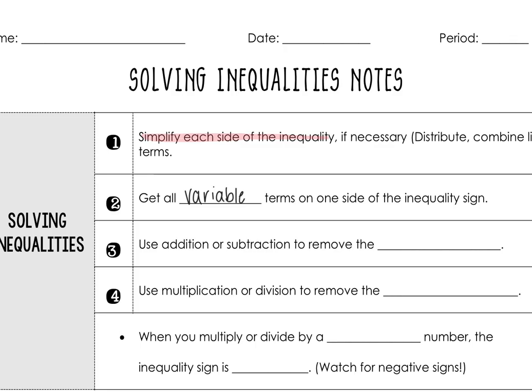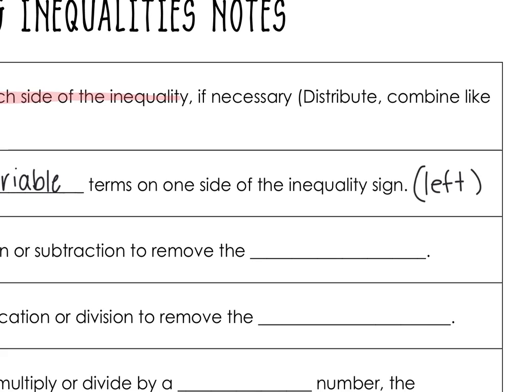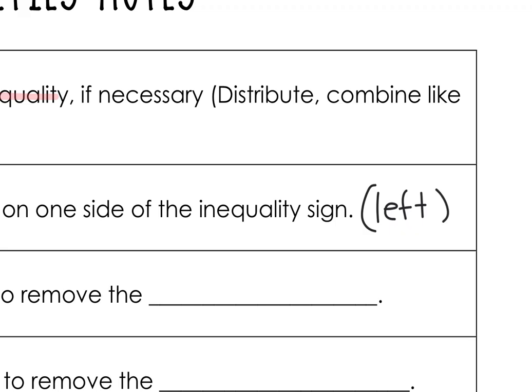Well, I'm going to encourage you that when it's an inequality, to always move to the left side. That way your final answer will always be x first, like x is less than 3 or x is greater than 3 or whatever. That way we don't graph it wrong.